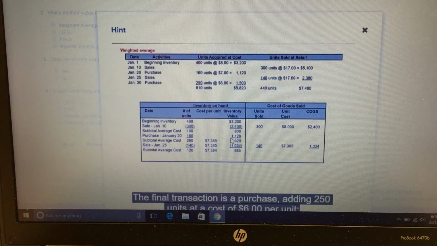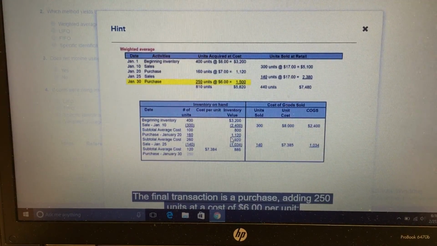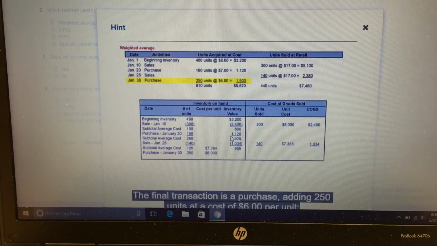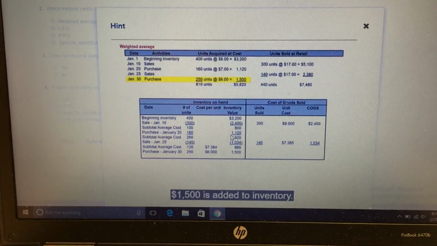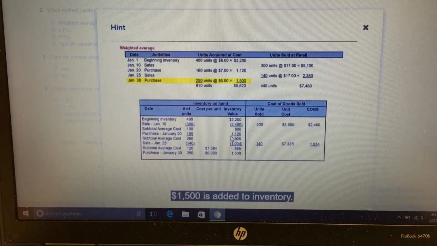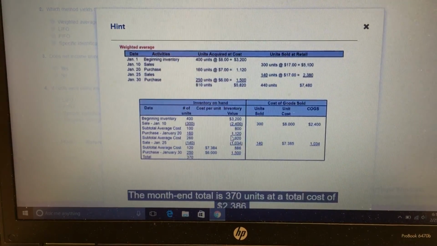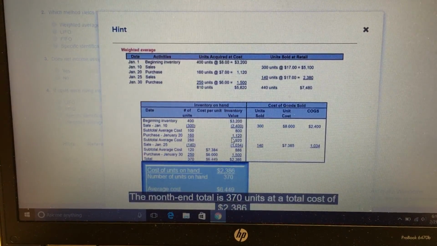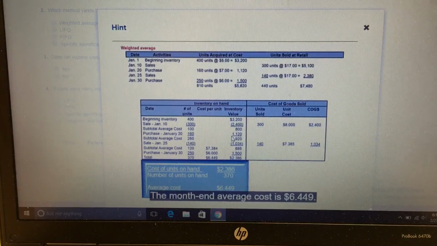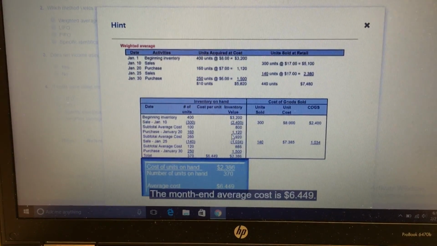The final transaction is a purchase, adding 250 units at a cost of $6 per unit. $1,500 is added to inventory. The month-end total is 370 units at a total cost of $2,386. The month-end average cost is $6.449.